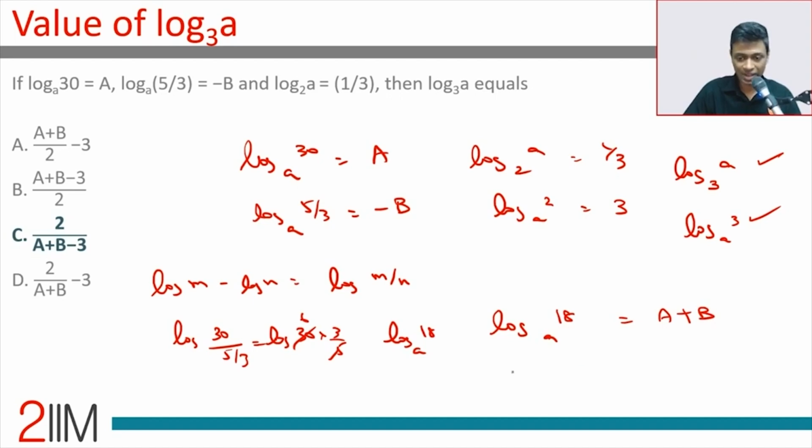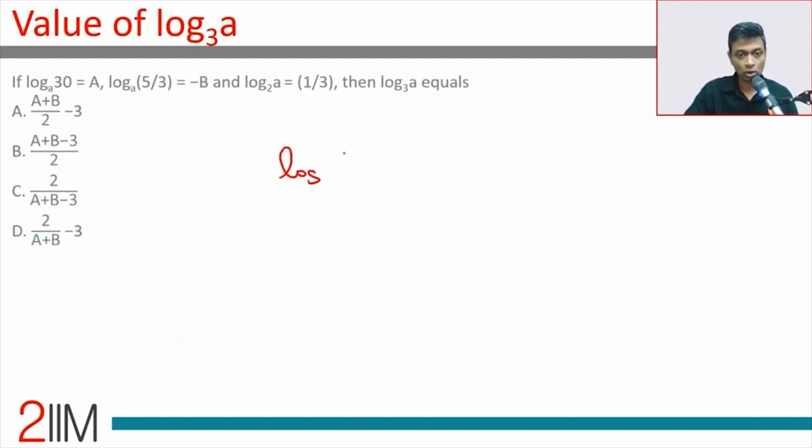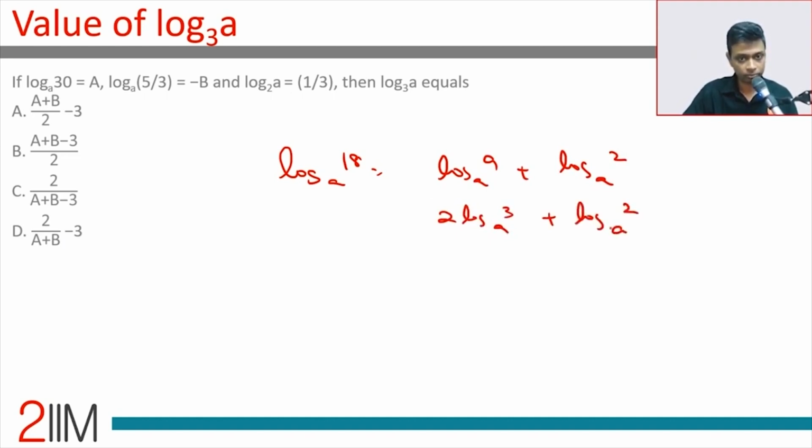How do we simplify log 18 to the base a? Log 18 to the base a is log 9 to the base a plus log 2 to the base a, or 2 times log 3 to the base a plus log 2 to the base a. Lovely. Log 18 to the base a is a plus b.